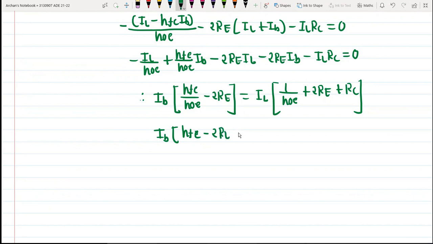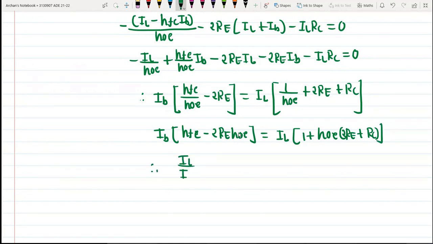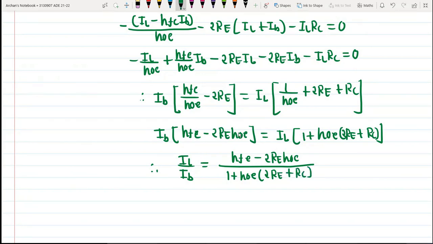Okay. So now you can further reduce this equation to IB into HFE minus 2RE HOE, divided by HOE, it is equal to IL into 1 plus HOE (2RE plus RC) divided by HOE. Okay, so we will get the ratio of this IL and IB in this case, and that is equal to HFE minus 2RE HOE upon 1 plus HOE (2RE plus RC).